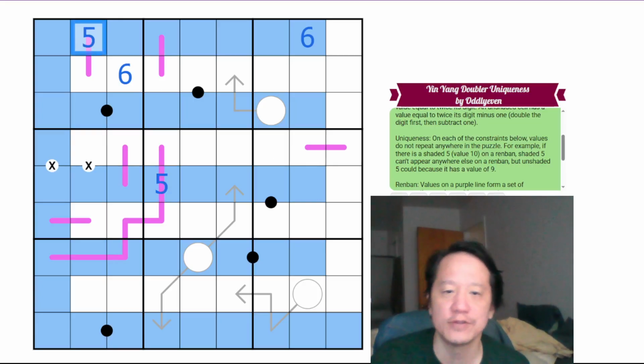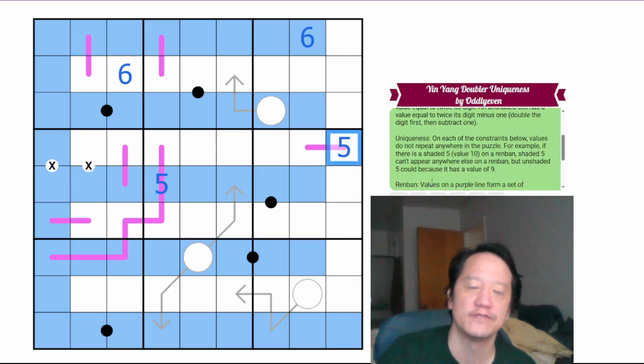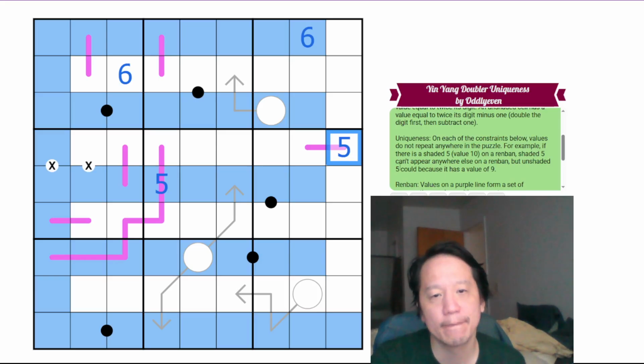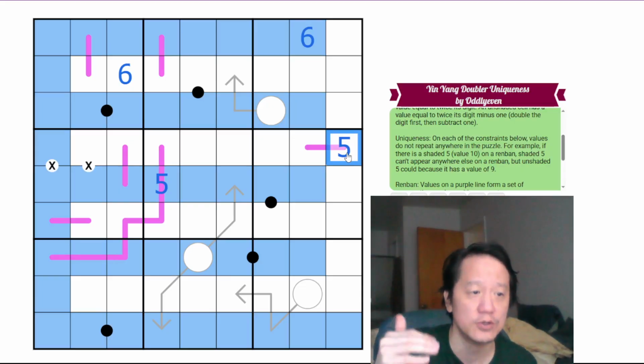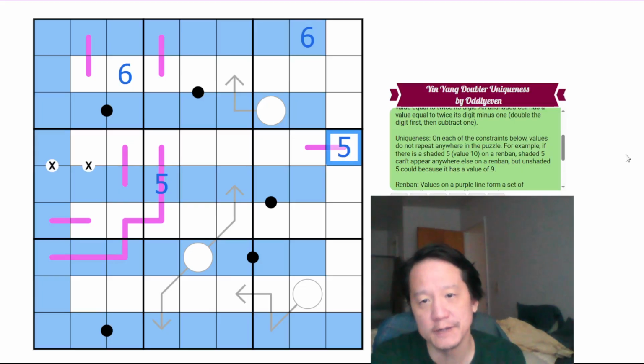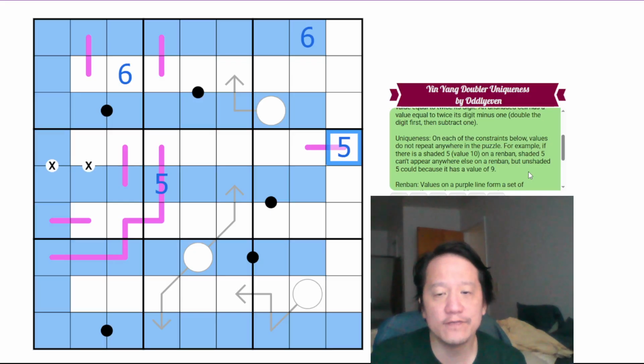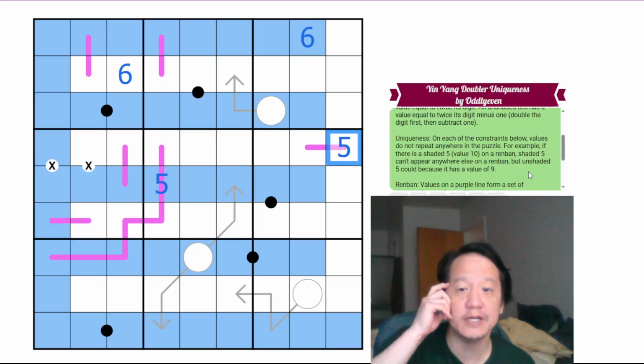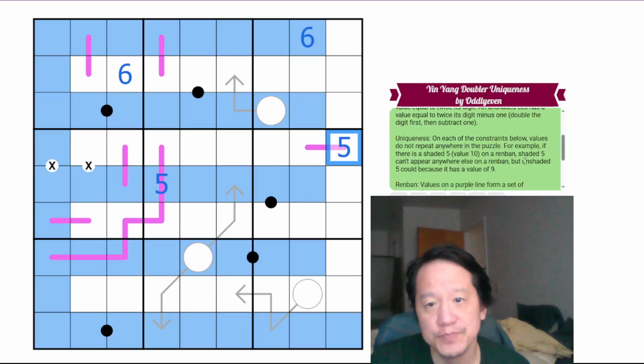You could not have another shaded 5 here. But an unshaded 5 could, because it has a value of 9. Right? So that value would be 5 times 2, minus 1, which would be 9. So values do not repeat anywhere in the puzzle.